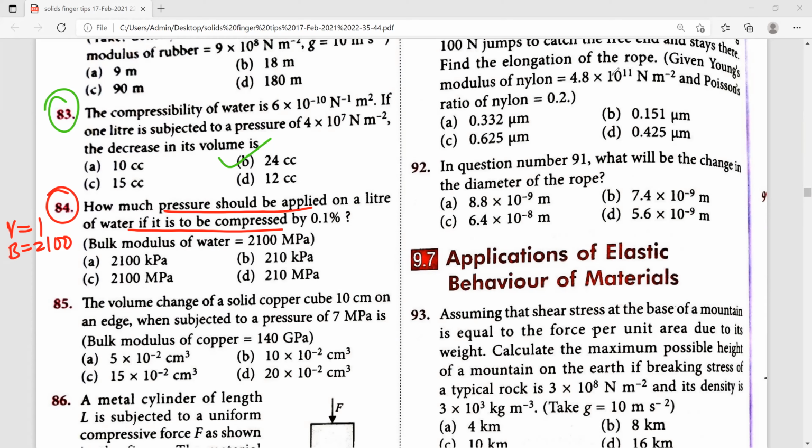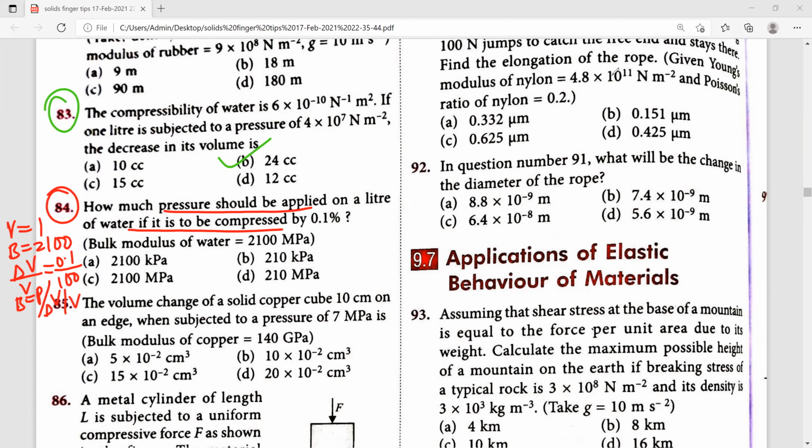The volume strain delta V by V is 0.1 divided by 100. For bulk modulus we use the formula P divided by delta V by V.